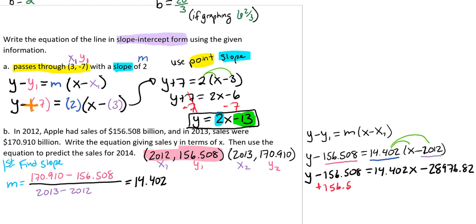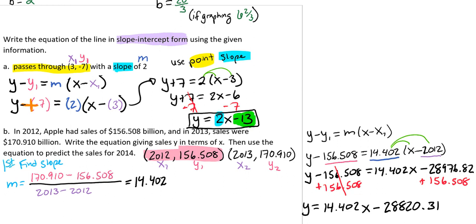Gotta make sure you're using your calculator to help you out with them. So then we're going to add in the 156.508, and that leaves us with y equals 14.402x minus 28,820.31 billion. Because remember, we're talking about billion.